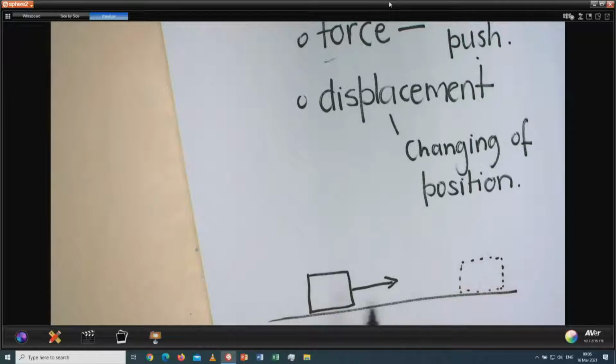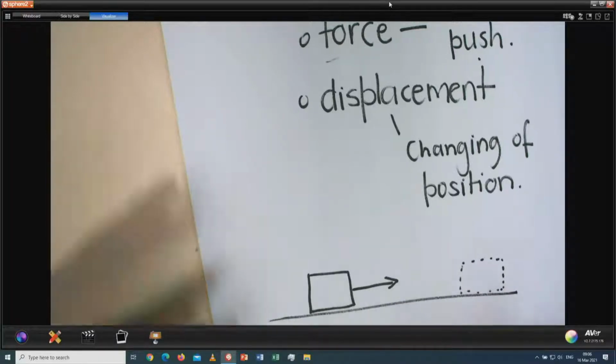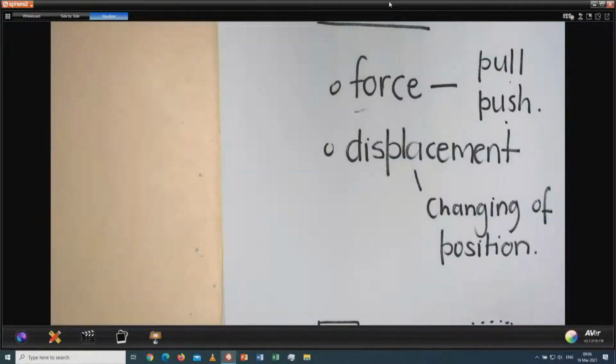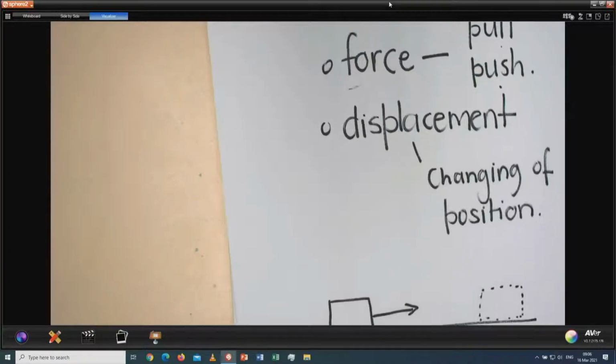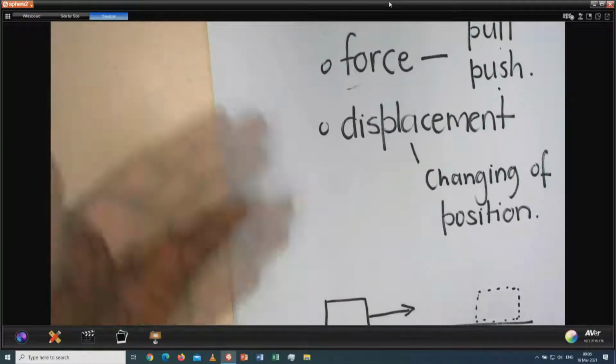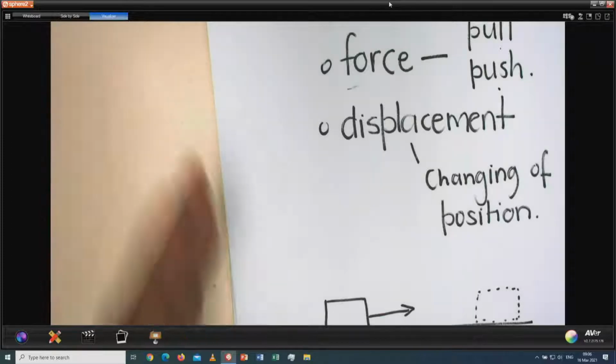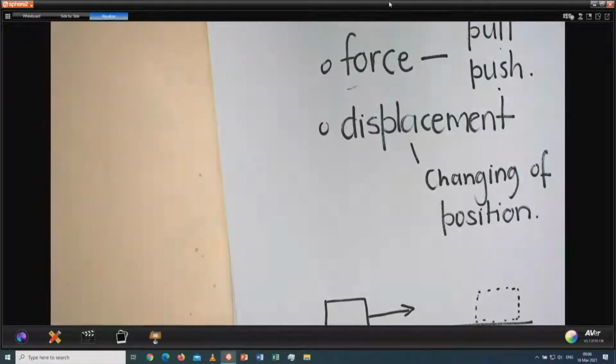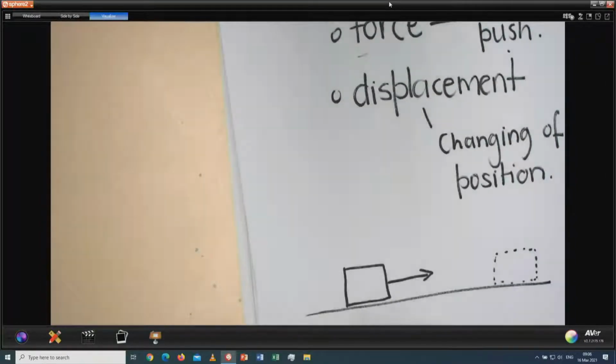And if we check, the change in position is in the same direction as the force, then we can say work is done. Because force is a push or a pull, let me also pull this one at an angle.